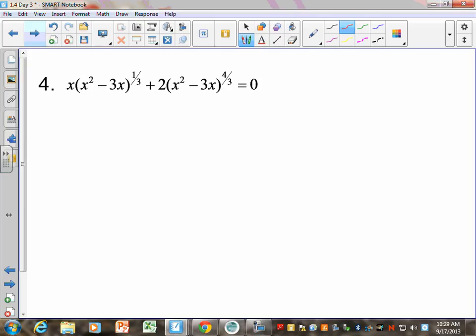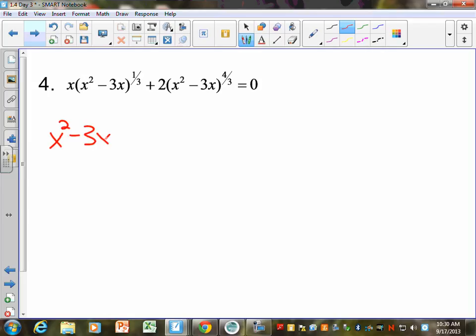We could pull out the smaller exponent, and that's what I was talking about earlier: when you factor something out, you're subtracting the exponents. So what if I factored out an (x squared minus 3x) to the 1/3?